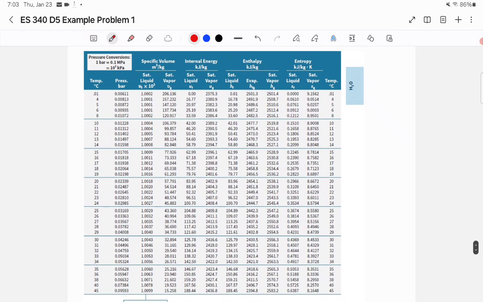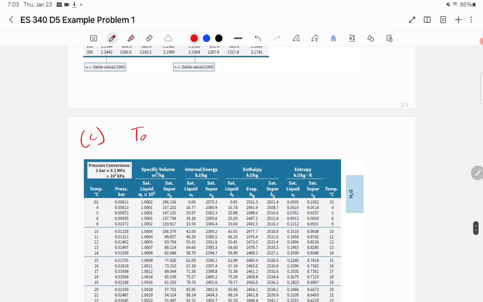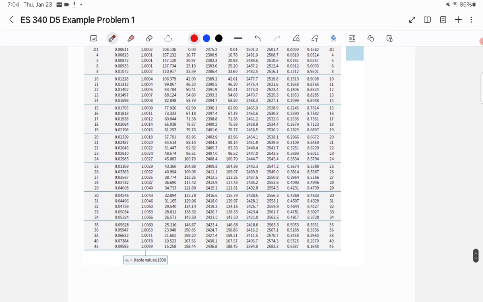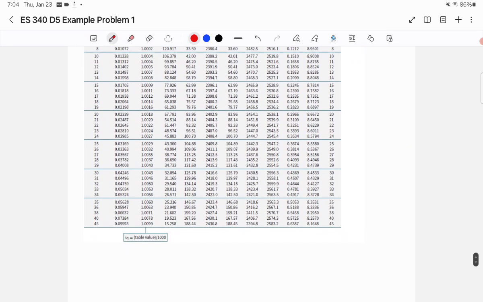Okay, so let's go. This is the saturated table. This is table A2, and this is saturated water. Table. And it's the temperature one. There's also a pressure one, so if that's more convenient to use, you can. But in this case, I think it's more convenient to just go directly to the temperature. So we have 40.